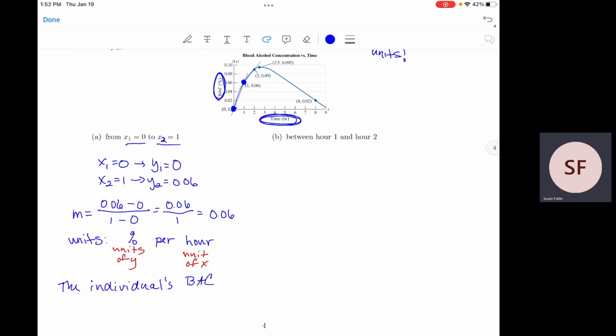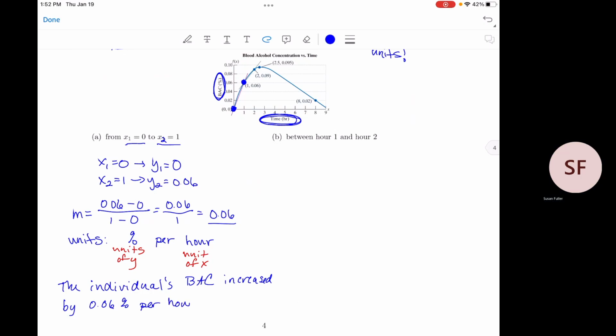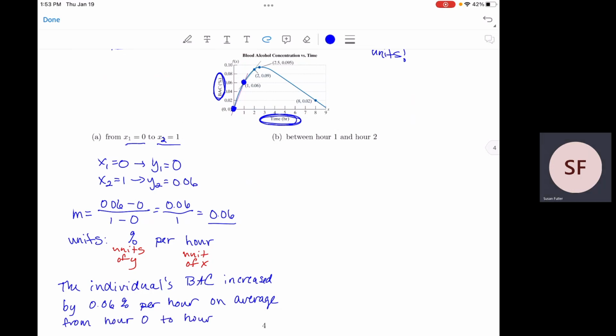And here, since our slope is positive, that means we're increasing. So the individual's blood alcohol content increased by 0.06% per hour on average from hour 0 to hour 1.